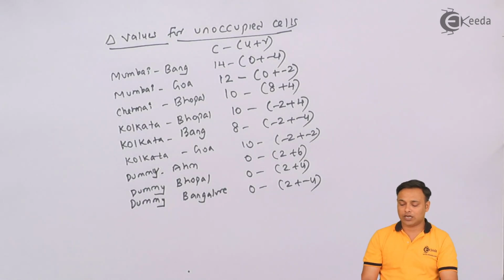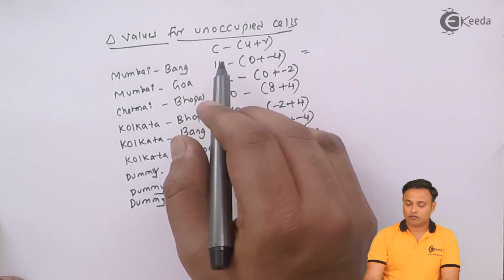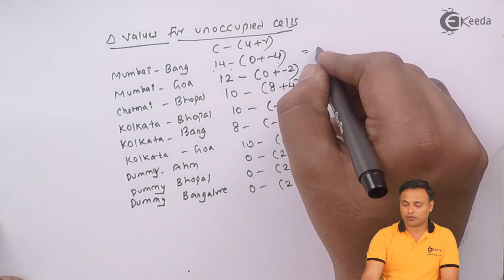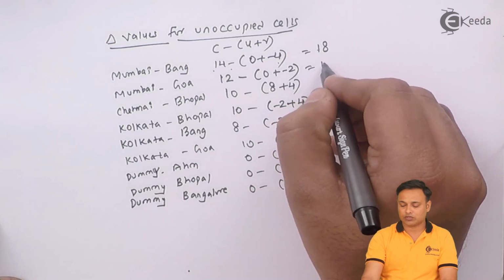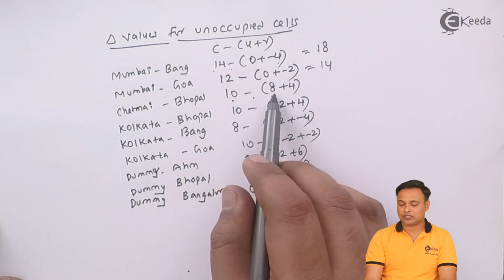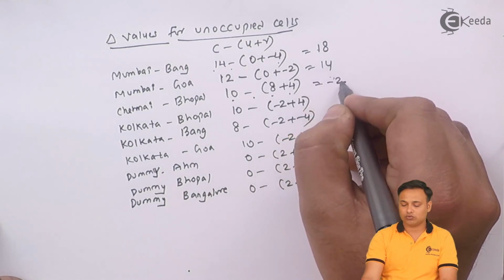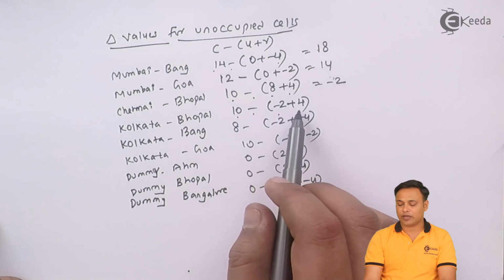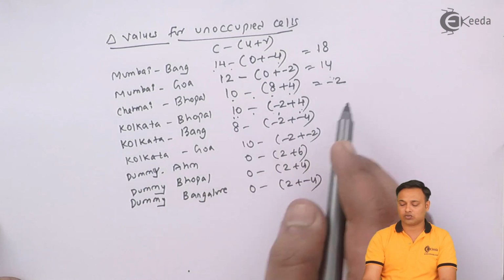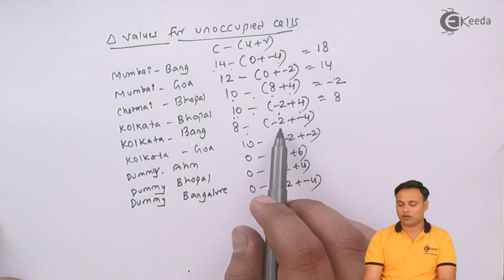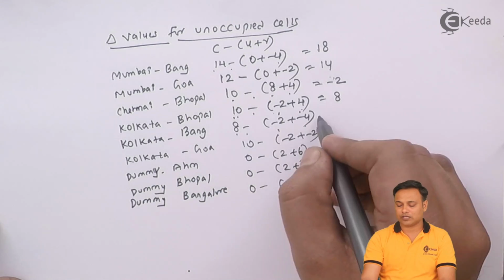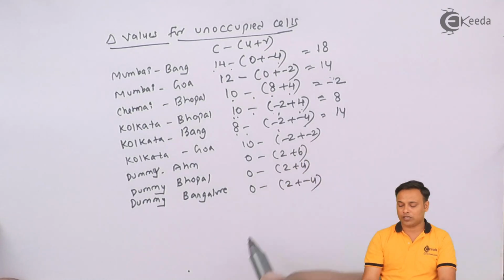Now for all these unoccupied cells we have 14 minus minus 4 which becomes 14 plus 4, 18. We have 12 minus minus 2 which is 12 plus 2, 14. We have 10 minus minus 2 plus 4 is 2, 10 minus 2 is 8. We have 8 minus minus 2 minus 4 will be minus 6, 8 minus minus 6 is 8 plus 6, that is 14.